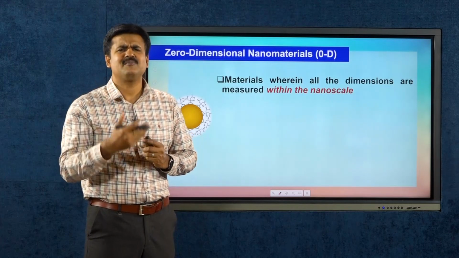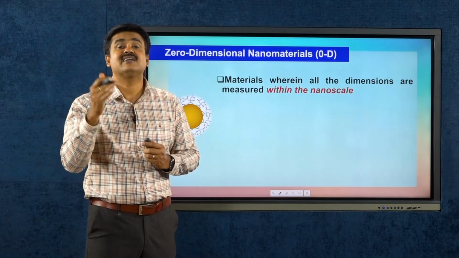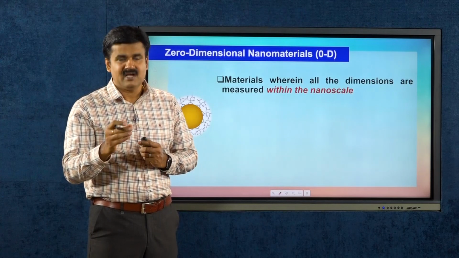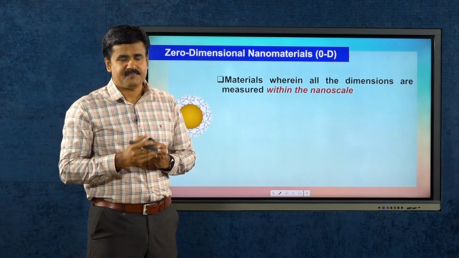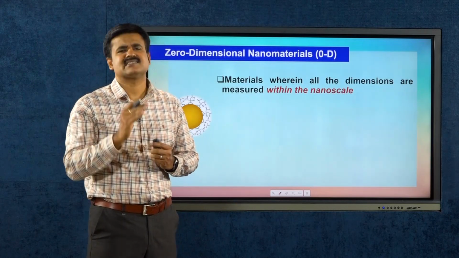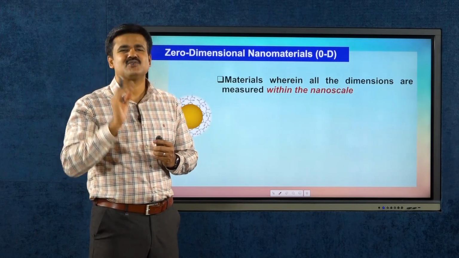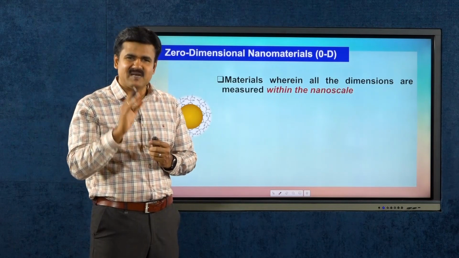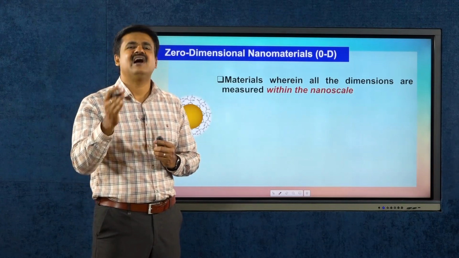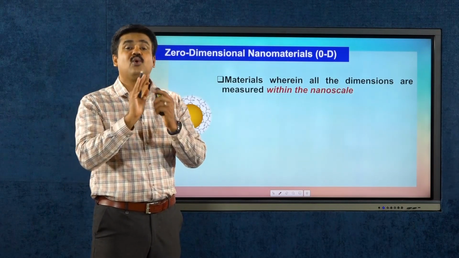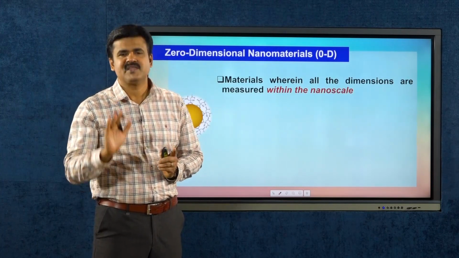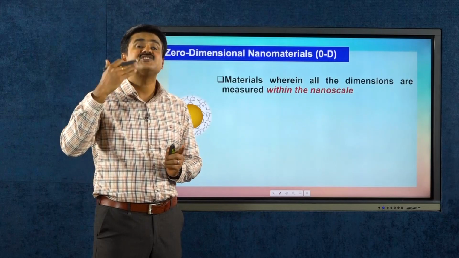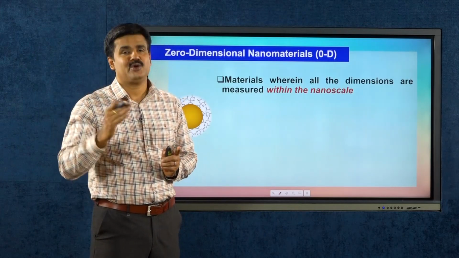In the nanoscale means in the range of 100 nanometer. So, whenever you are taking a zero-dimensional nanomaterial, its x-axis is in the range of 100 nanometer. Similarly, y also and z. So, all 3 dimensions are in the nanoscale range. That means no dimension is outside nano.